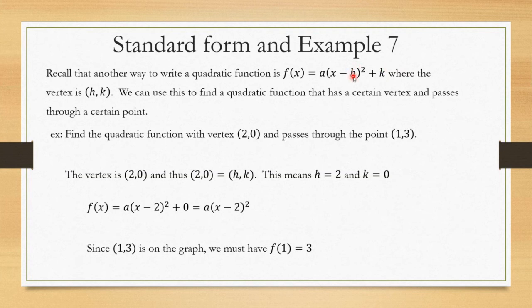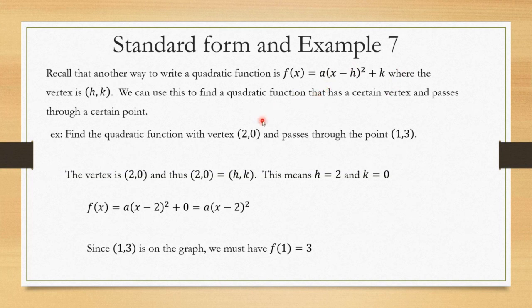Essentially, we know what the vertex is, so we know what h and k are. We know another point on the graph, so we can get the a here. Okay. So let's do some examples to illustrate that.